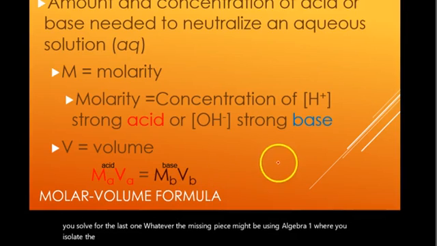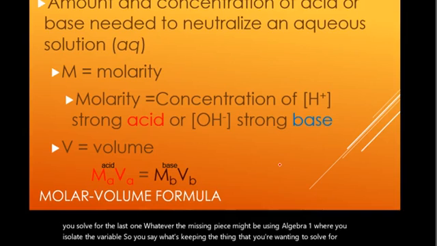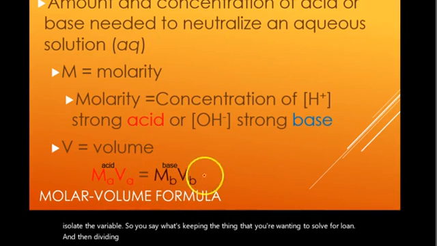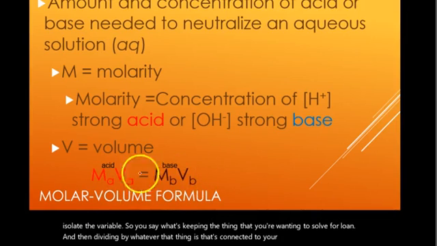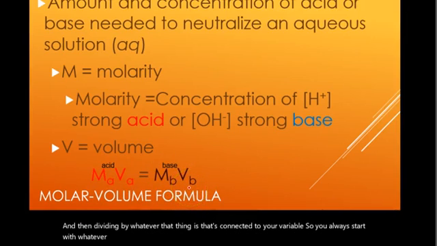So you say, what's keeping the thing that you want to solve for alone? And then divide by whatever that thing is that's connected to your variable. So you always start with whatever side you have both of the pieces for and divide by the one that was connected to the X.